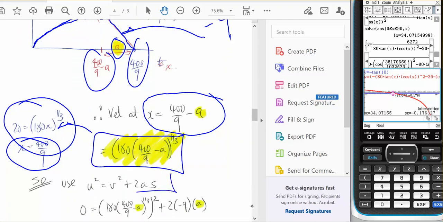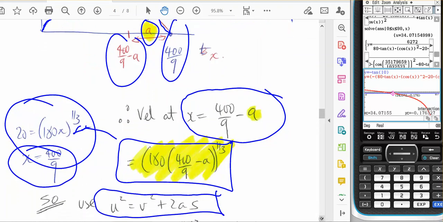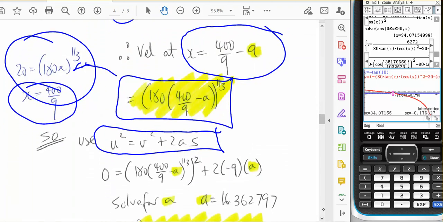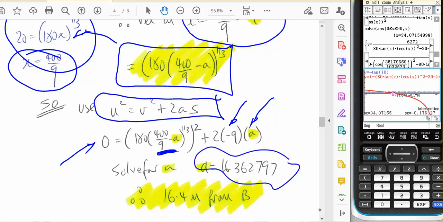And I'm going to use this because I know that during this period of deceleration, the acceleration is constant because it's always -9. And subbing into this where eventually I'm going to stop, so u is 0. The velocity will be the velocity at the point which is 400 on 9 minus a. The acceleration is -9, and a is the distance that I'm looking for. Put in the calculator and solve for a, therefore 16.4.